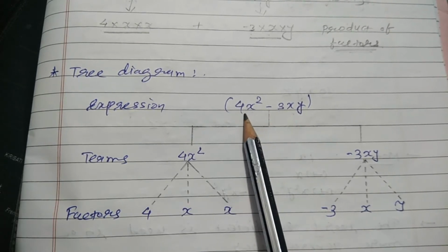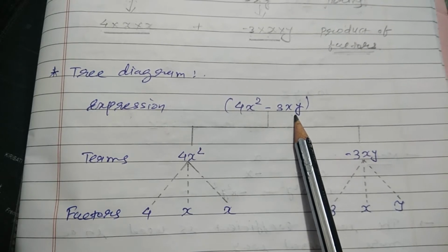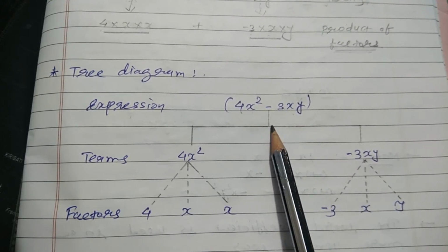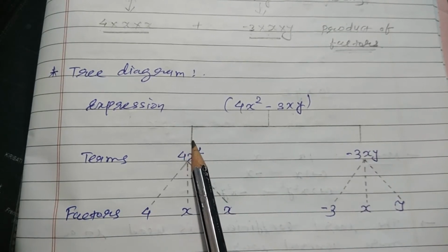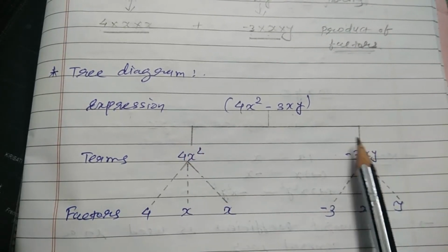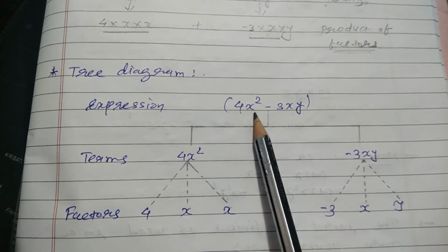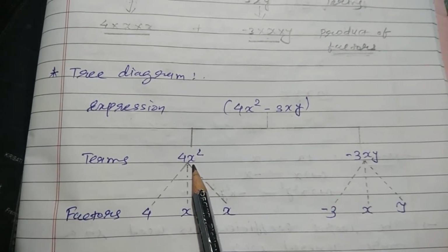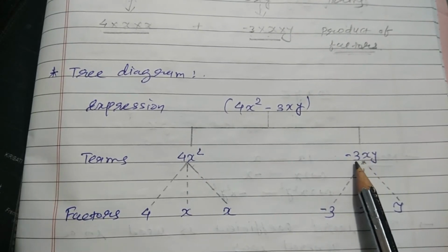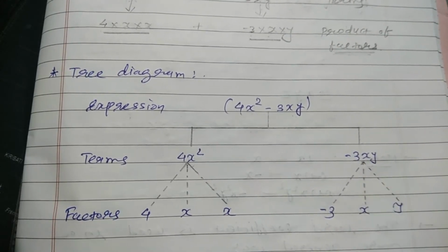Two terms, 4x square and minus 3xy. So using continuous lines we will divide this into two parts, this one part and this second part. And then we will write the terms. In the first part, the first term 4x square, and in the second part minus 3xy.